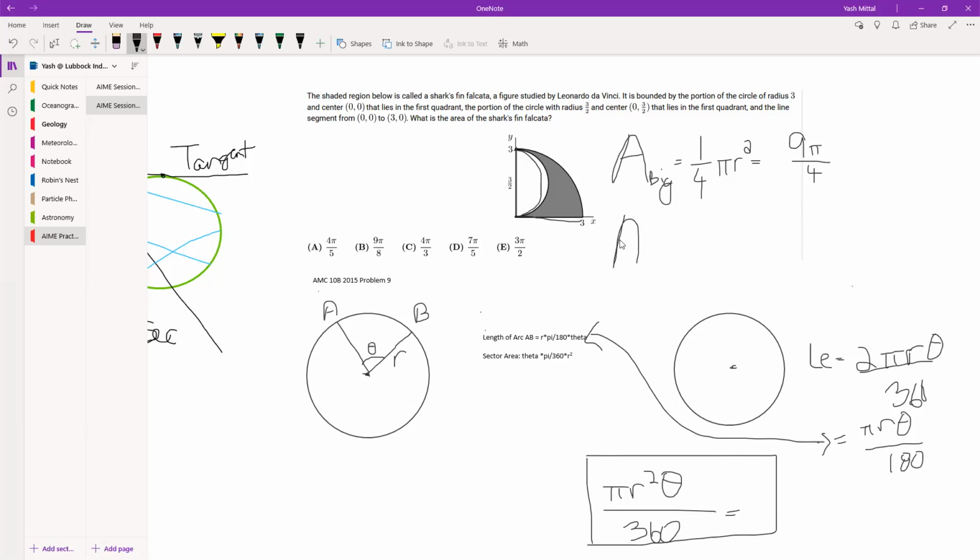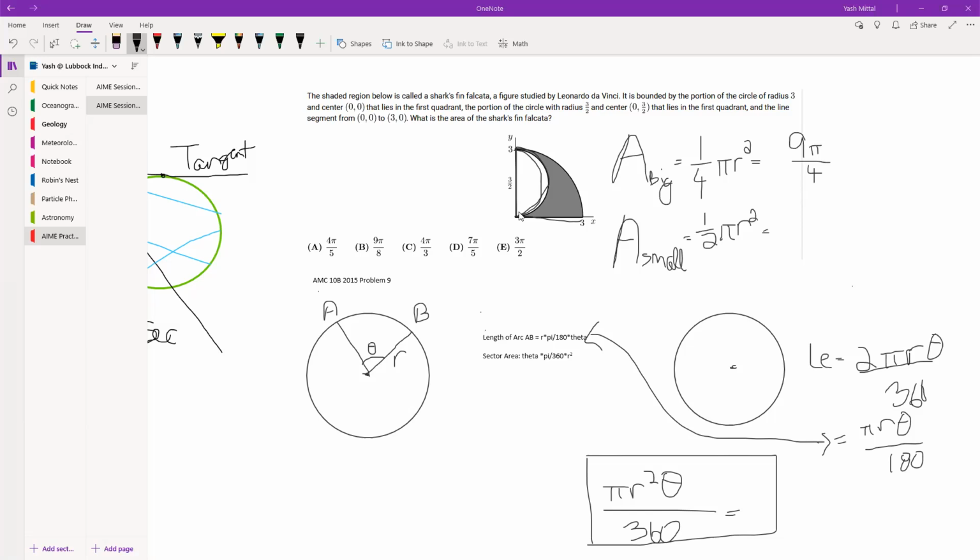Now let's go back to the area of the small sector. This is the sector right here. I notice it's a semicircle, so I know it's going to be 1/2 of the total area, which is pi r squared. And now what is r in this case? You sure it's 3/4?